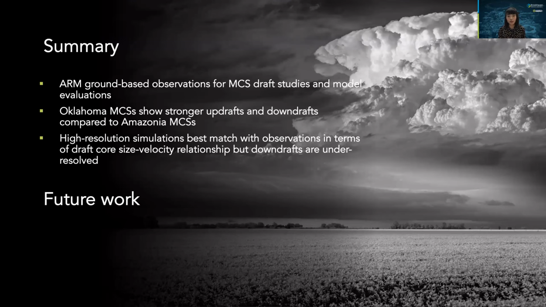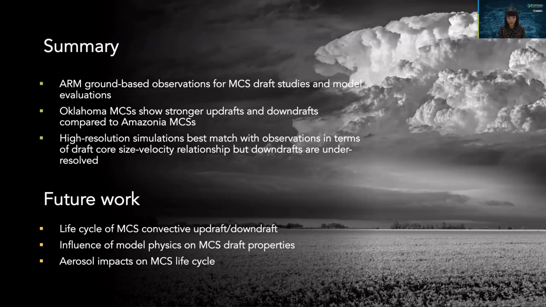We found that the high resolution model might best match with observations in terms of the draft core size velocity relationship, but a higher resolution model may be needed to better resolve the downdraft velocity and probability.